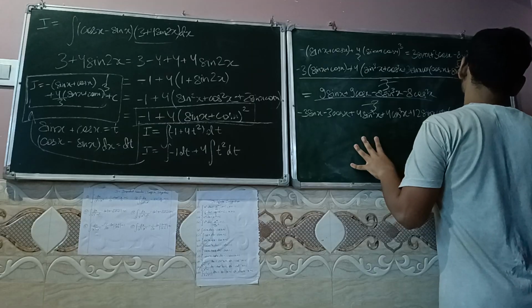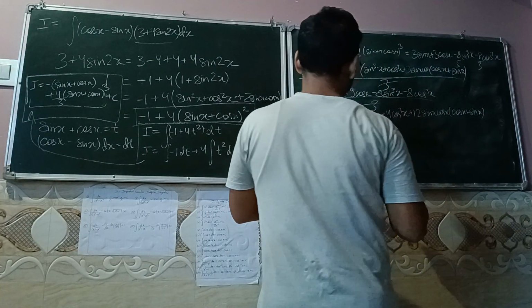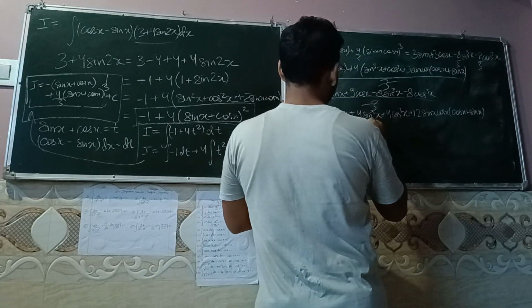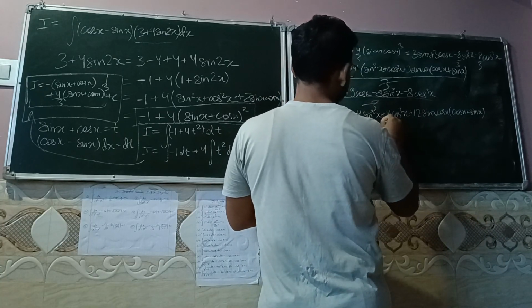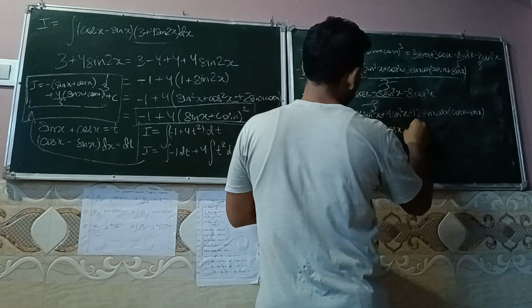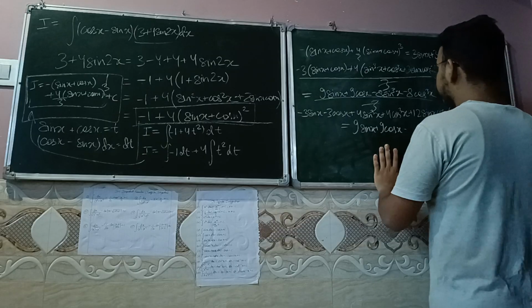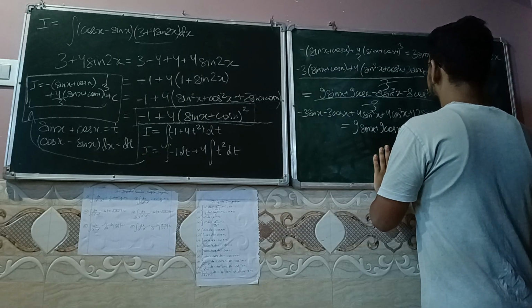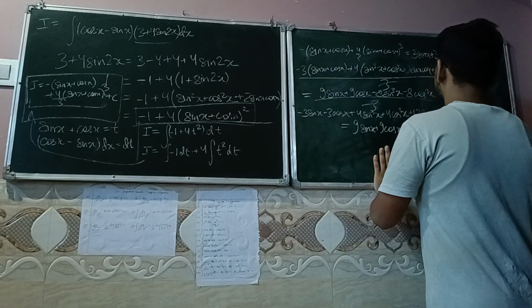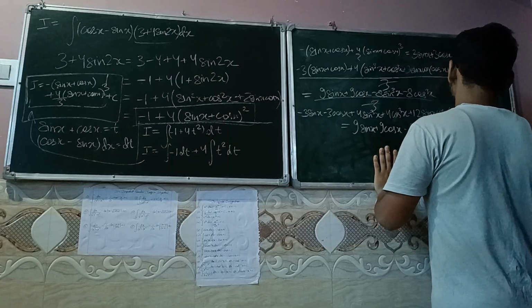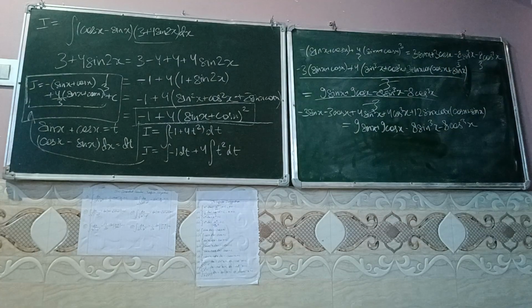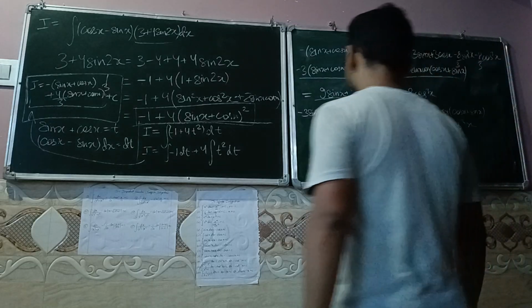I think this is quite big. Okay, let's do it together. We have a lot of time. And on the right, 9 sine of x plus 9 cosine of x minus 8 sine cube minus 8 cos cube, right?